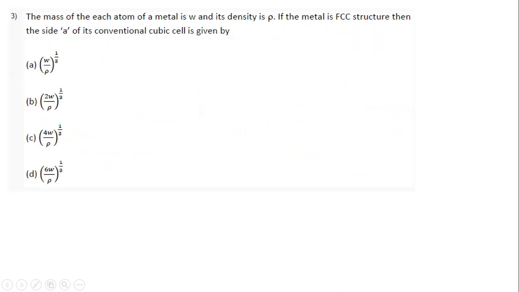Okay, the third question. The question is: the mass of each atom of a metal is W, and its density is given by rho.